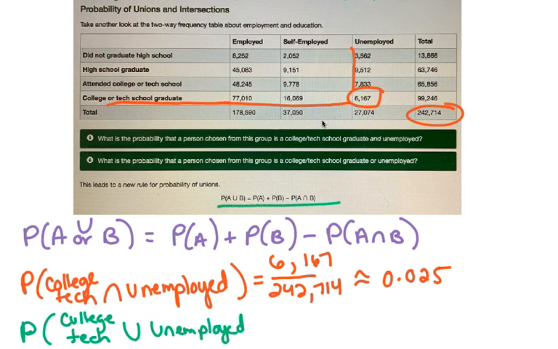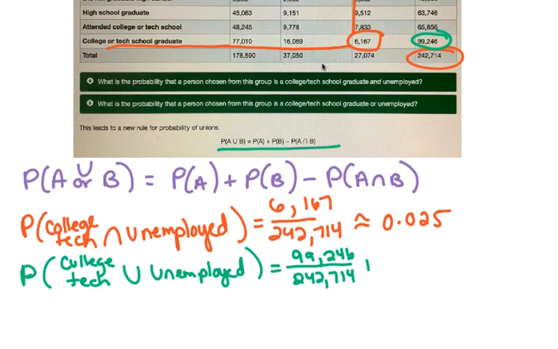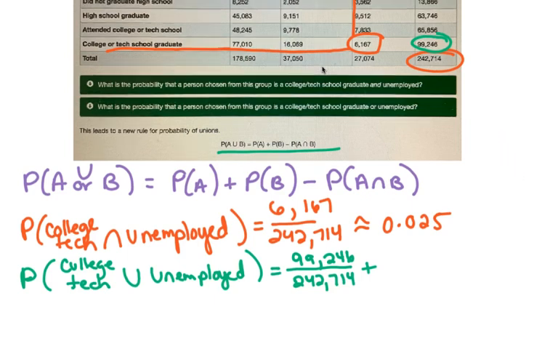And so using this formula, I'm doing the probability of A, so the probability of just college tech would be my total of college tech, so 99,246 over my total sample space, plus my probability of unemployed, so the probability of B.